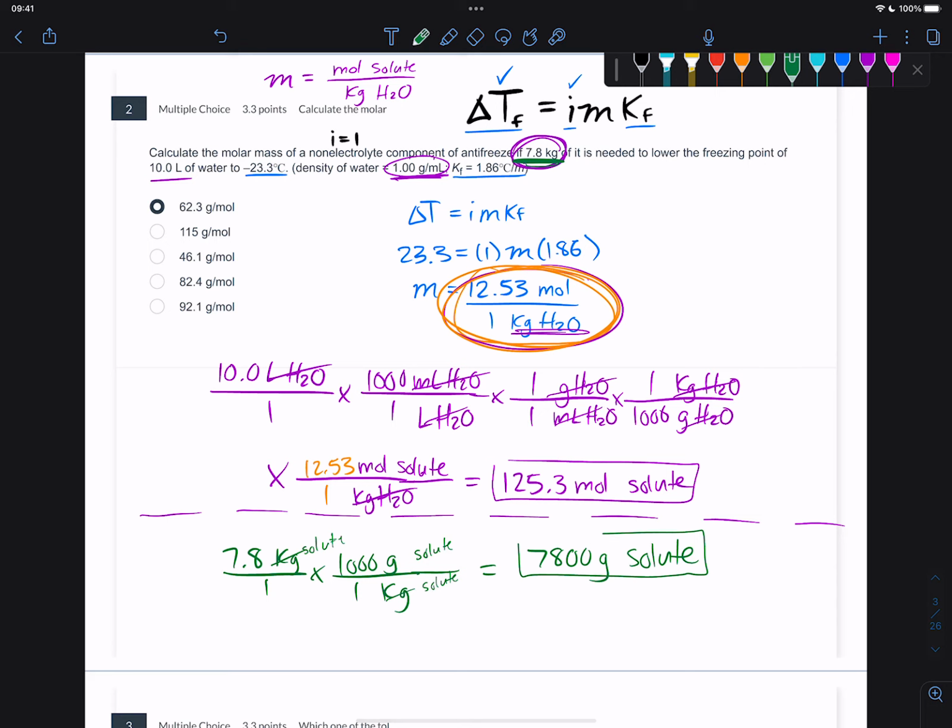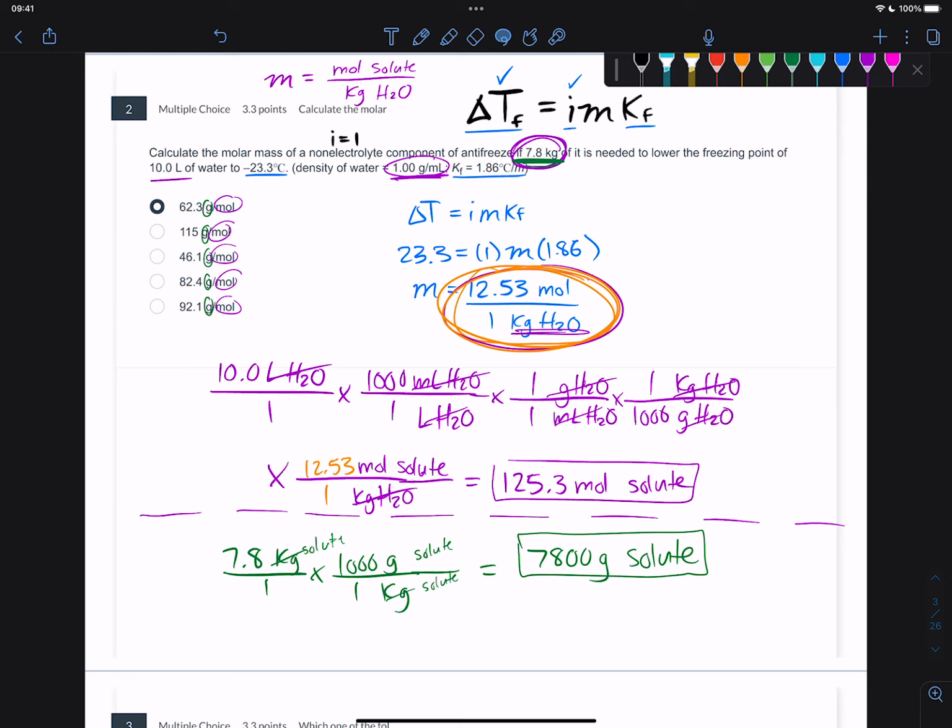And hopefully you see what's going on here, because we have the mass of the solute in grams, so that's going to give us all of our numerators as our possible answer choices, and then we have the moles of the solute, which is all the denominators. And if you divide, you actually get your answer. To calculate molar mass, you literally divide the mass of that thing by the moles of that thing.